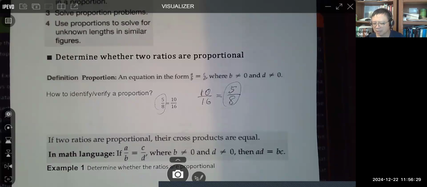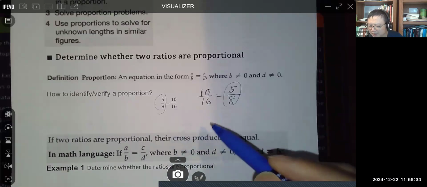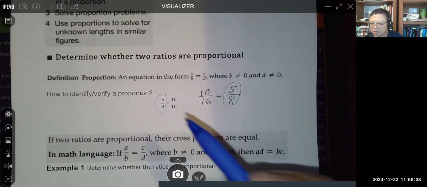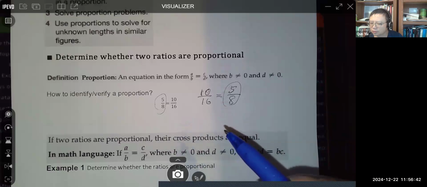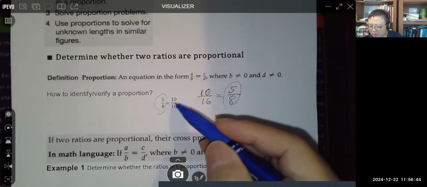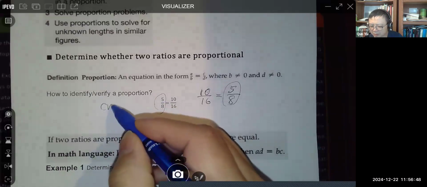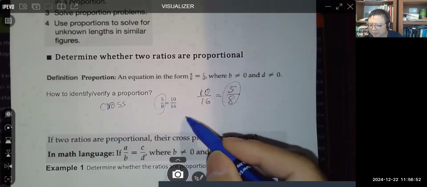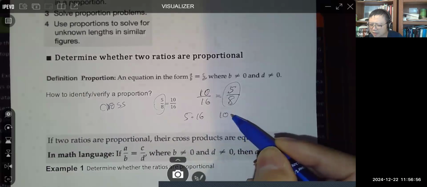There's another way to do that. You do cross multiplication. If the products of those cross multiplications are equal, then it is a true proportion. For example, one cross is 5 times 16, and the other one is 10 times 8.